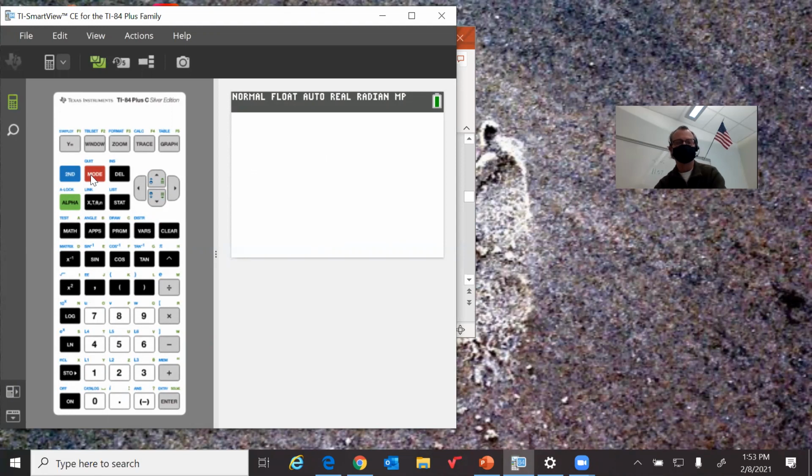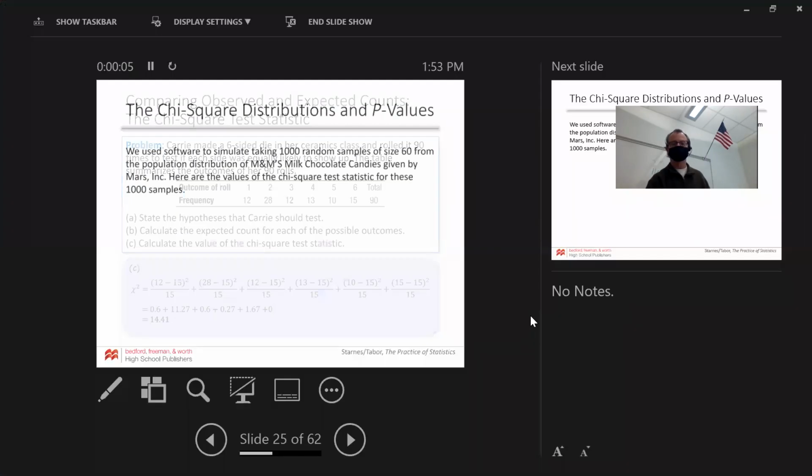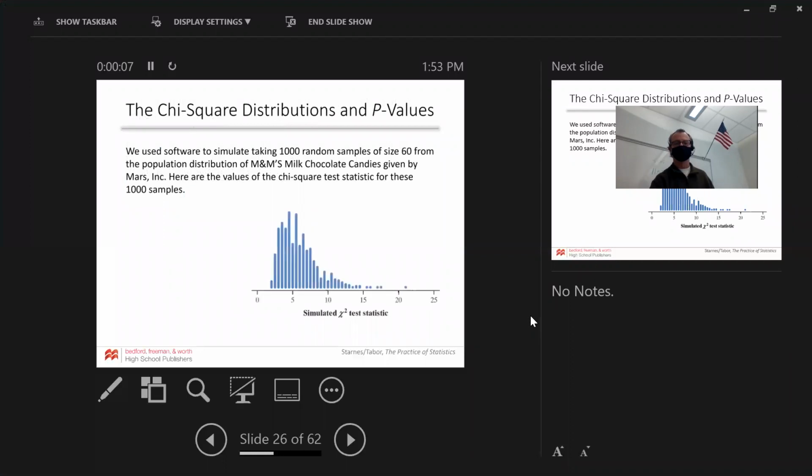No, we can't do it that way. We'd have to put in the 11.07. So we're going to go here. You have to read the table, because you're going to get the table.